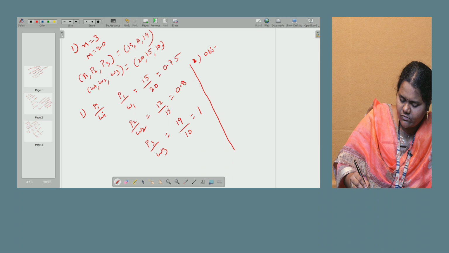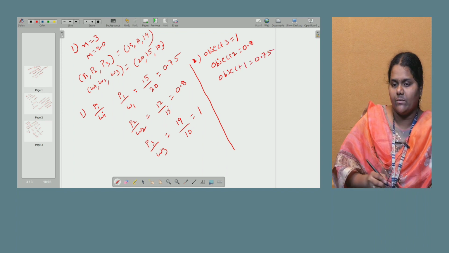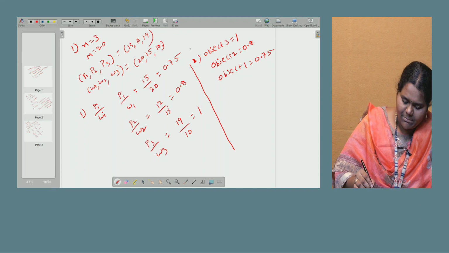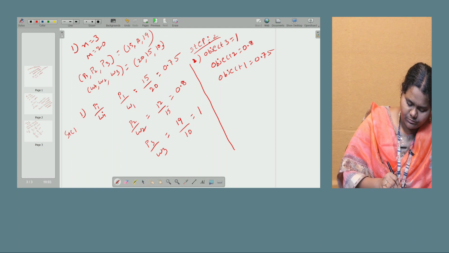So object 3 is equal to 1, after that object 2 is equal to 0.8, and object 1 is equal to 0.75. So this is step 2, and the earlier one is step 1.